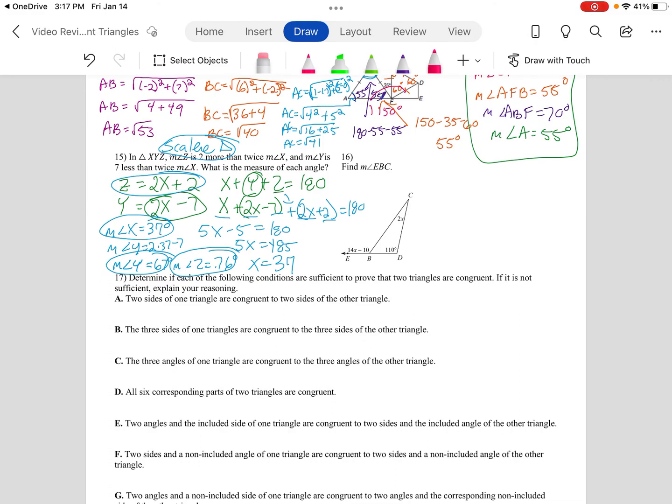Number 16, what you have to remember is the sum of the remote interior angles. These always add to be the exterior angle. So I know 2x plus 110 is equal to 14x minus 10. I then solve.